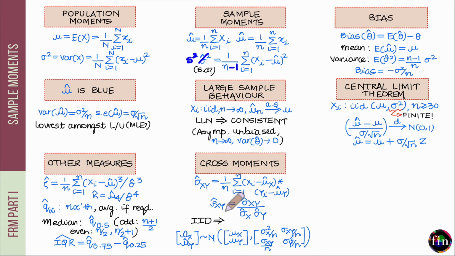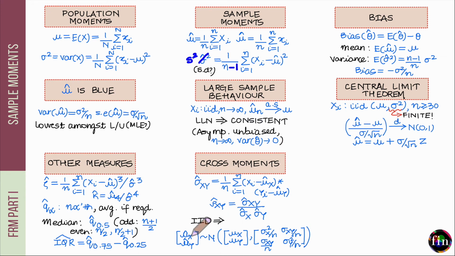Okay. Then, if x is individually IID and y is also individually IID, and we are talking about a large enough sample, then you can write down for x and y, I mean for the sample means of x and y, the bivariate version of the central limit theorem.